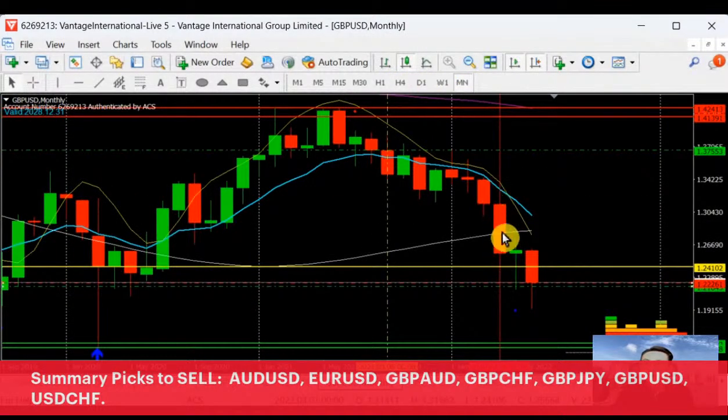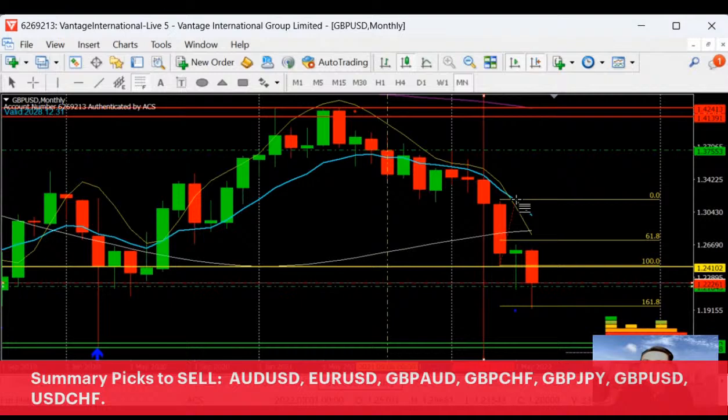This candle, right? Take the Fibonacci from the bottom to the top. I knew the bottom point two months ago.